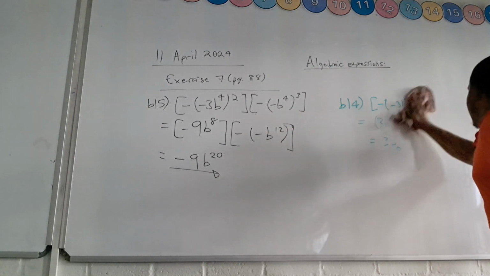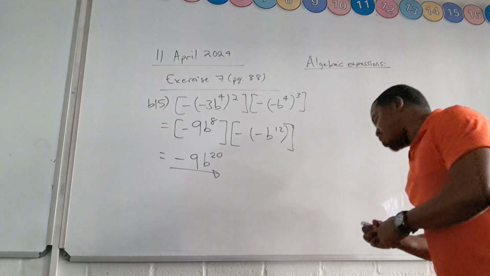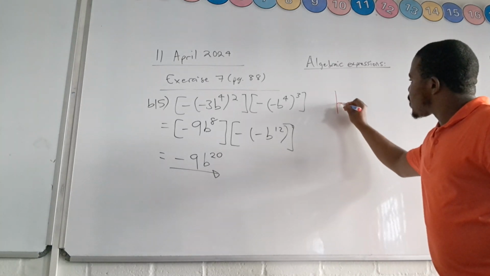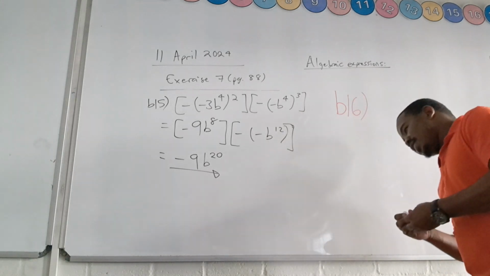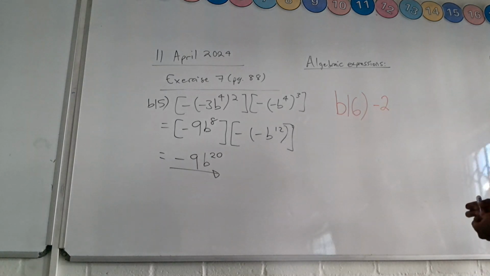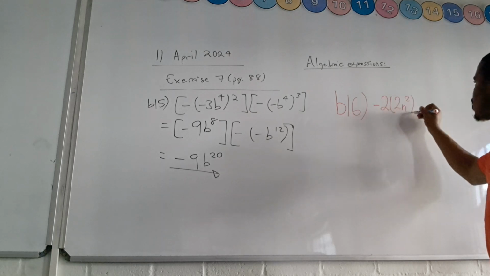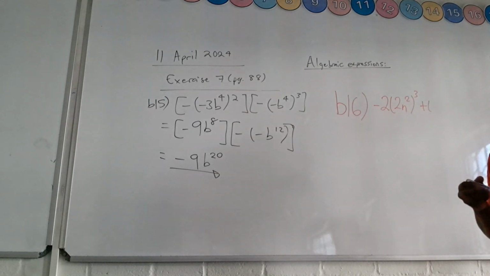Okay, B16. Let's go for B16. B16 was the last one. Oh, this one was yummy. I can see where I went wrong here. Minus 2, okay, multiplied by 2n squared cubed plus, I won't have enough space, will I?